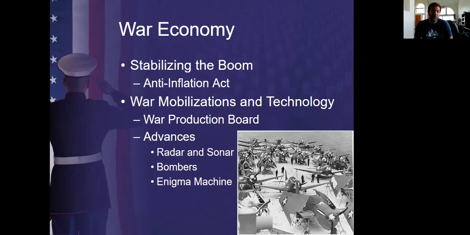Bombing technology increased tremendously just through its range and its payload. And then, of course, you have advances through the Enigma machine, which was developed by the British in cracking the code.